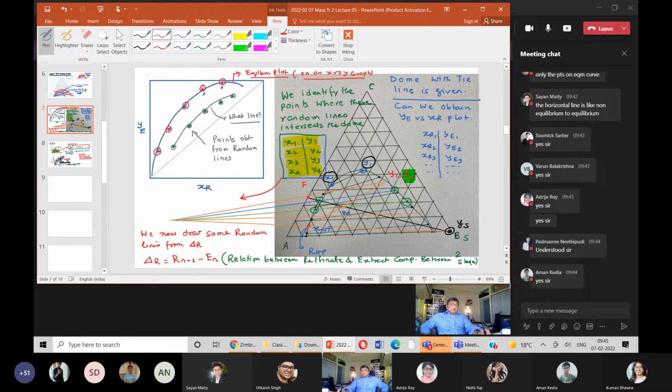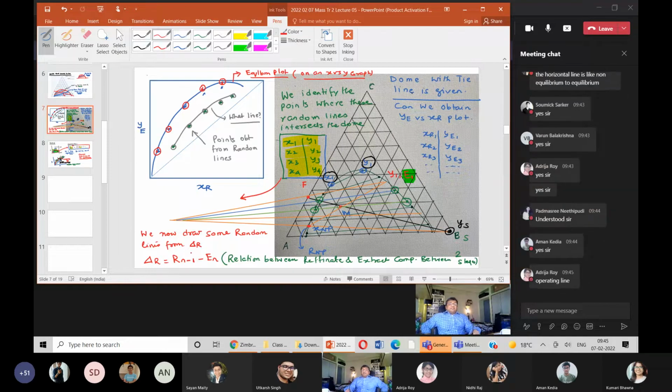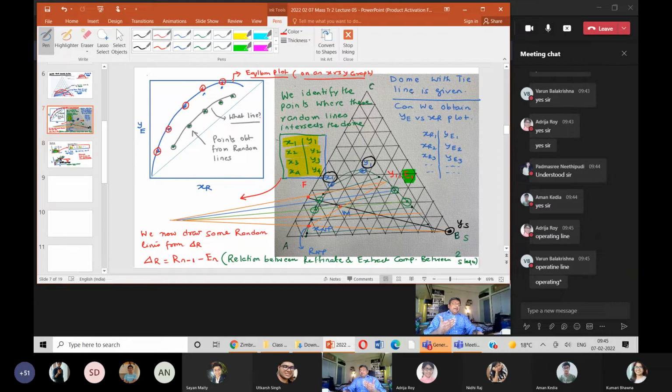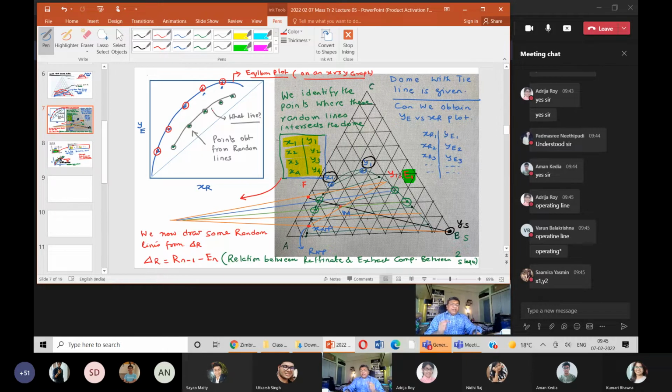Any random line drawn from delta is of the form, not operating line, Udrija. So this line or curve, whatever we have obtained by joining these points, is the operating line or operative curve.